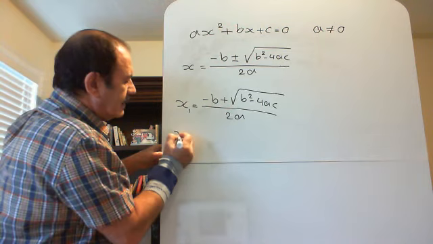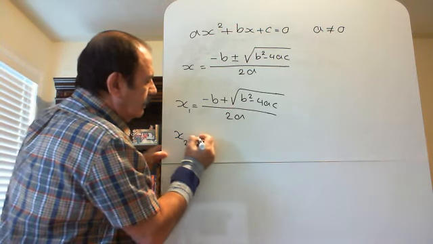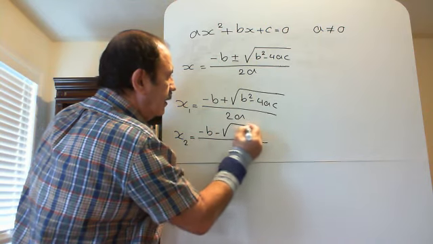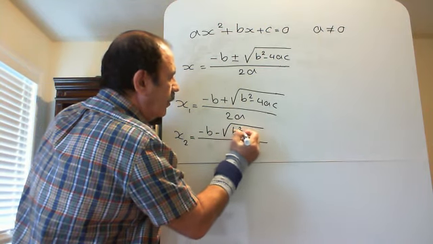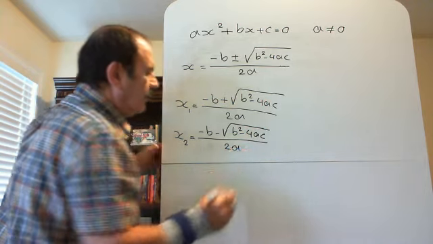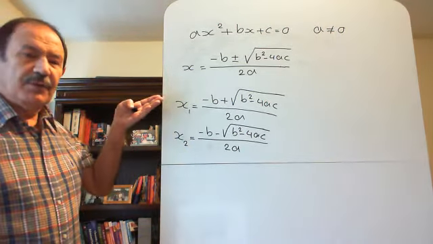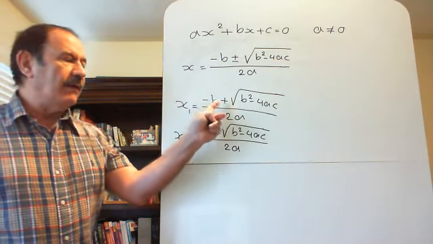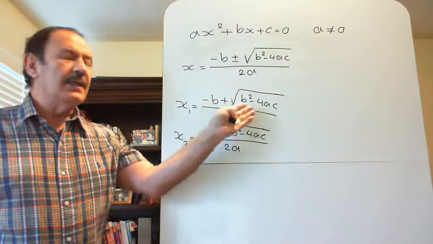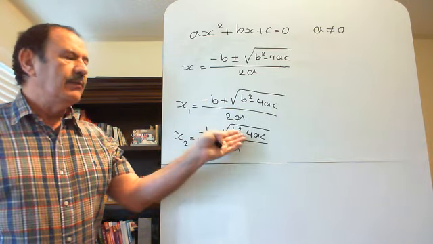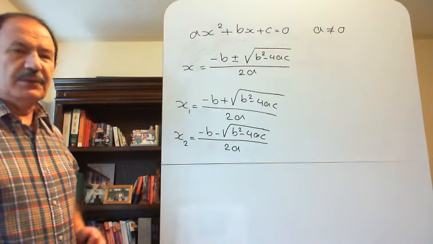And what is the other answer? x2 is going to be minus b minus the square root of b squared minus 4ac over 2a. So this is the other answer. We have two answers, x1 and x2, and the difference is that one of them is plus the radical of b squared minus 4ac, and the other one is minus the radical of b squared minus 4ac, over 2a.